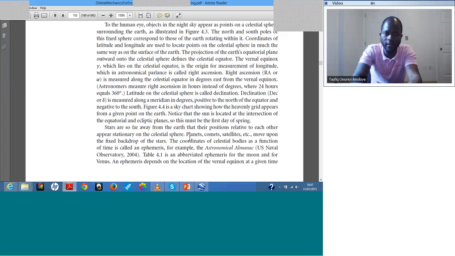So for every other thing near to us that is moving, it appears much more logical to use things that appear to be stationary as a reference for any measurement of motion.